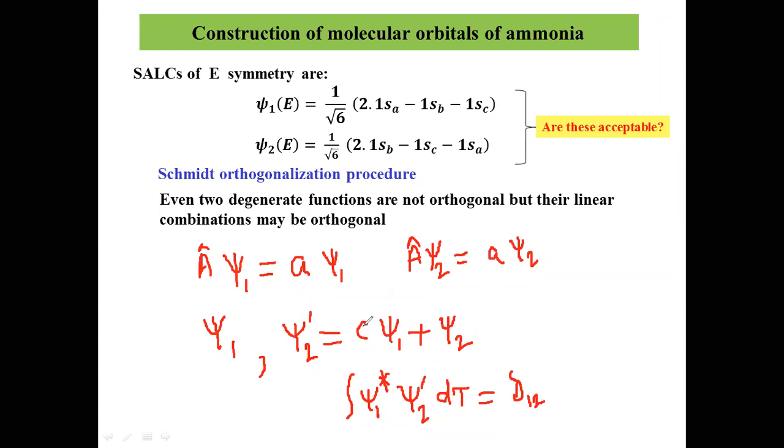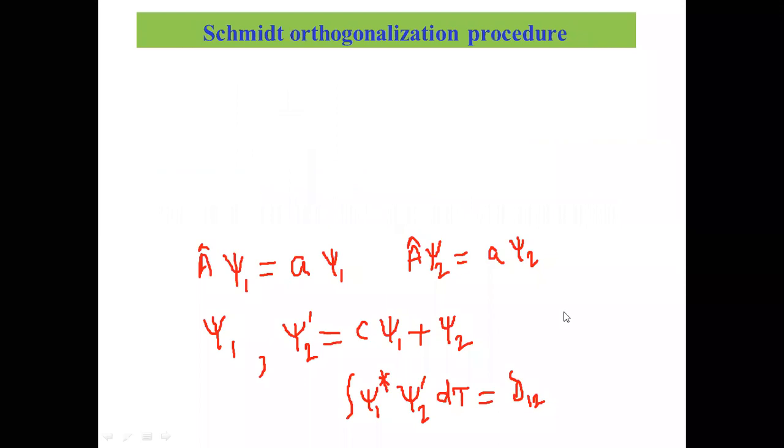So from that we should be able to find out what is going to be the value of C. Now once we get this C and put it back here, take their combination, the new psi2 prime is going to be orthogonal to this one, right? So that is basically the statement of Schmidt orthogonalization. Now we'll try to see for these two functions what is the value of the C is going to come, right? So let's go to the next phase.